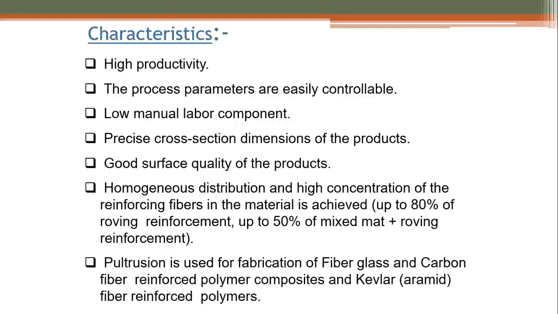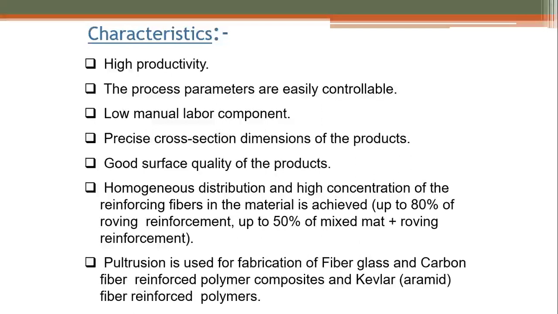So here are some of the characteristics of the pultrusion process. It is a highly productive process. First of all, this pultrusion process is highly productive because it is a continuous section of fibers and it has a high production, and the process parameters are also easily controllable.